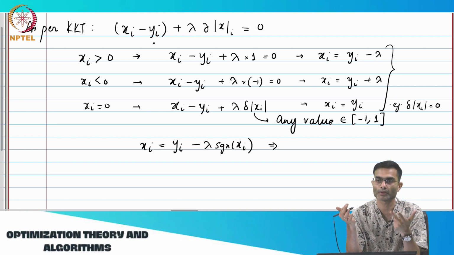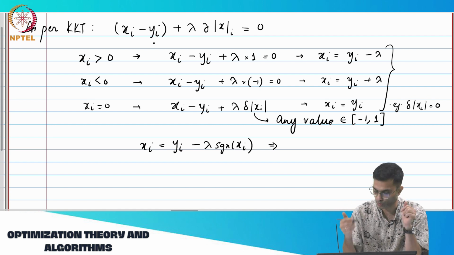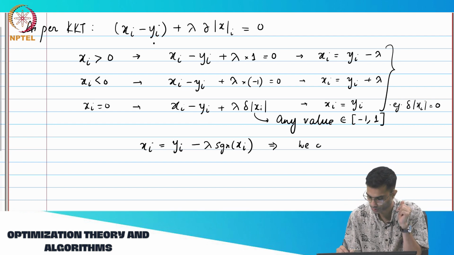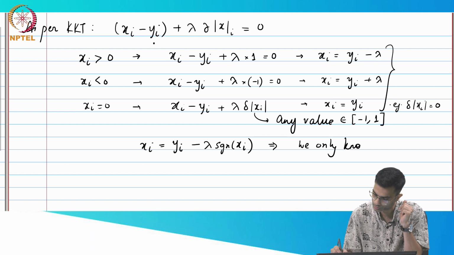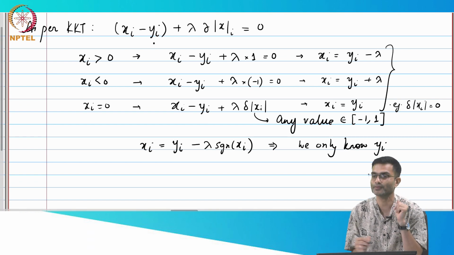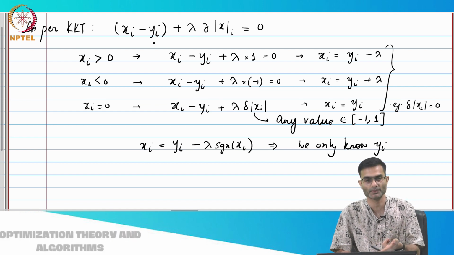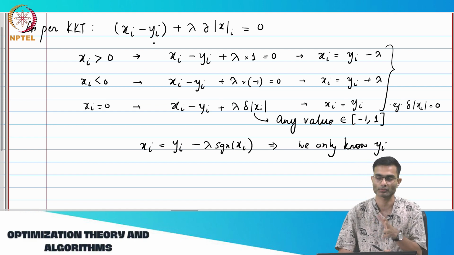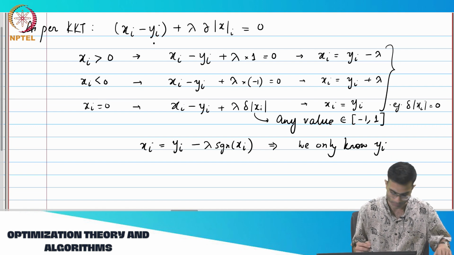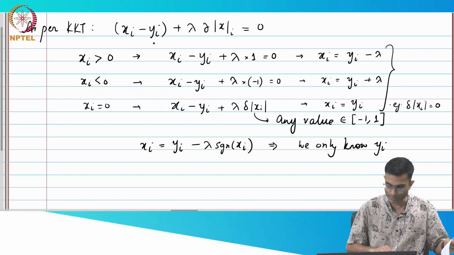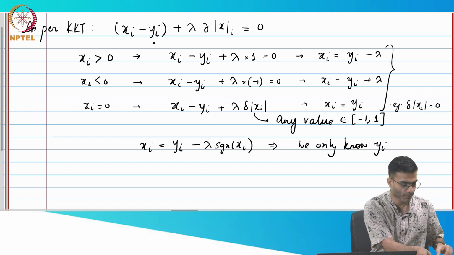No. Do I know yi? Yes. So I only know yi, and we have to somehow determine both xi and lambda. Let us try to make a little more progress.